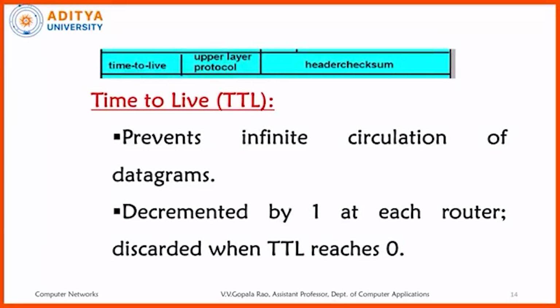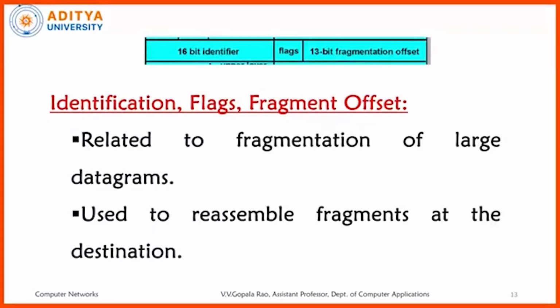Now one more point: the flags. The flags are basically 3 bits in size. The first bit is generally 0, which is reserved for future use. The second bit may be 1; if the second bit is 1, it says don't fragment the datagram, so no fragmentation is recommended here.